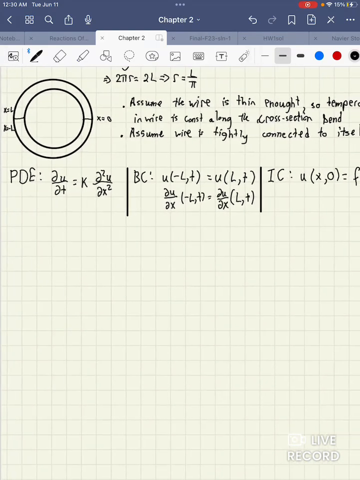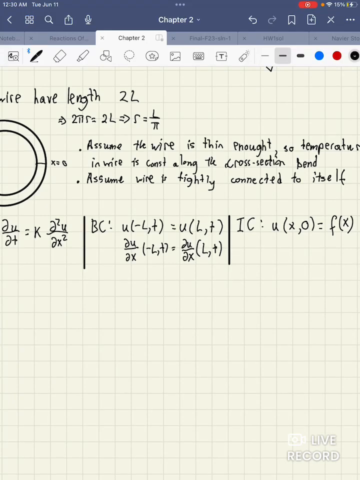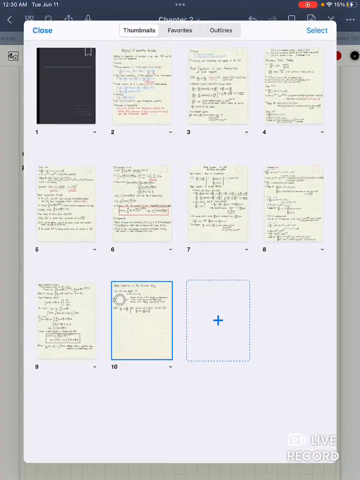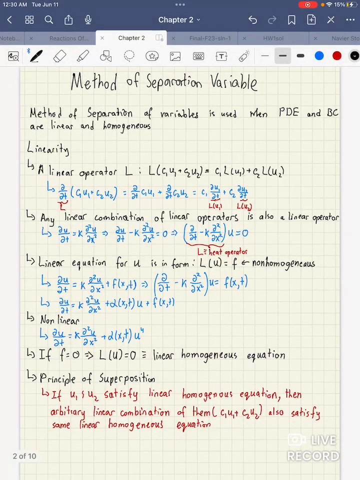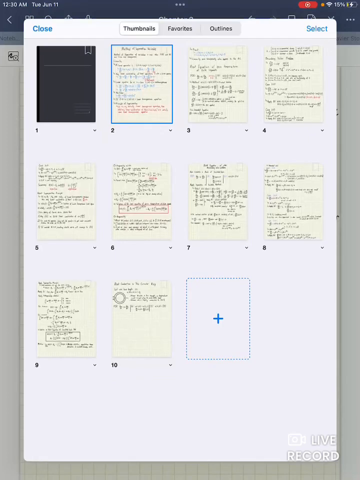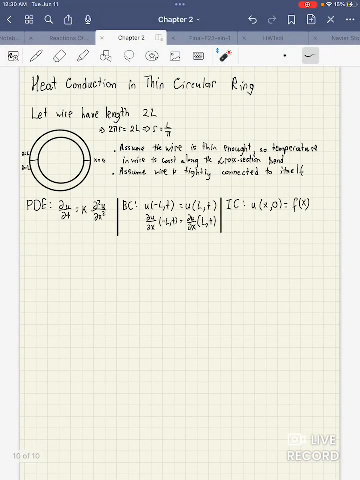Now let's solve it. If you remember, our separation of variables method can only apply if both our PDE and boundary conditions are linear and homogeneous. In our example, our PDE is homogeneous and linear. It doesn't look like our boundary condition is homogeneous, but it is. Why?